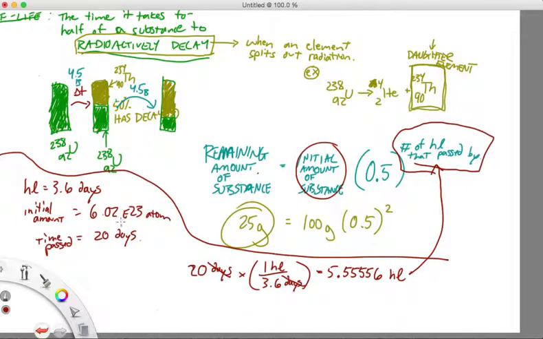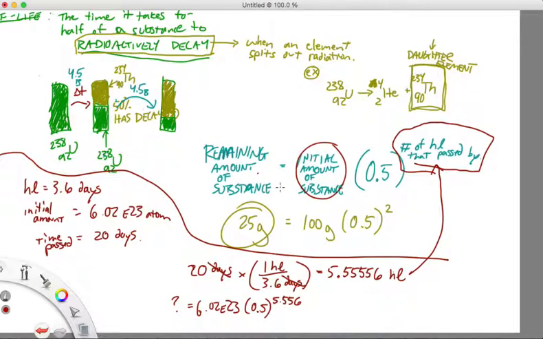So let's put all of our information into our equation. The initial amount of substance is 6.02e23 times 0.5 raised to the 5.55556. That's going to get us our remaining amount of substance.